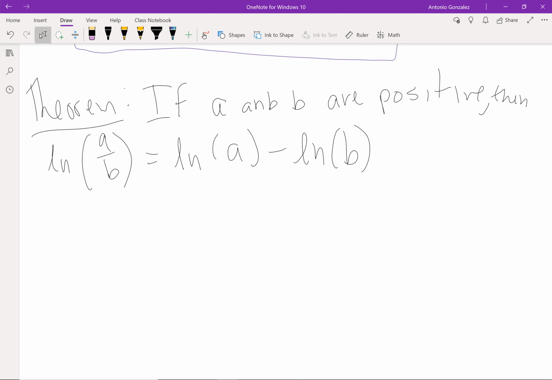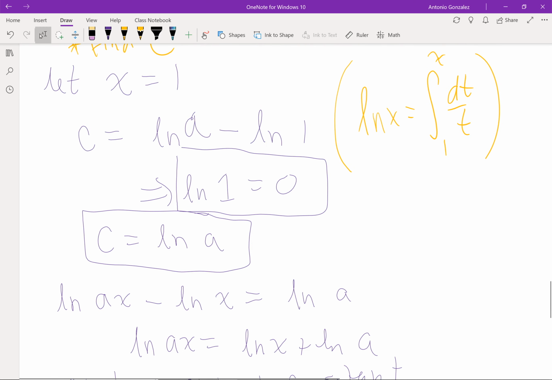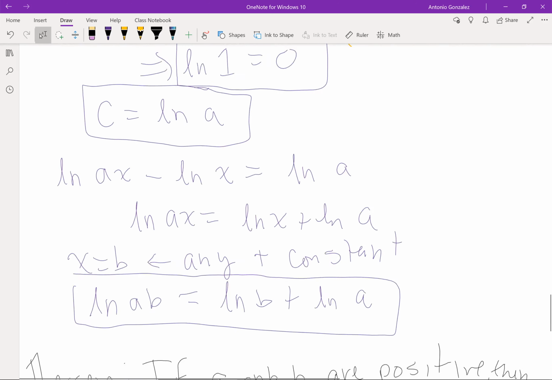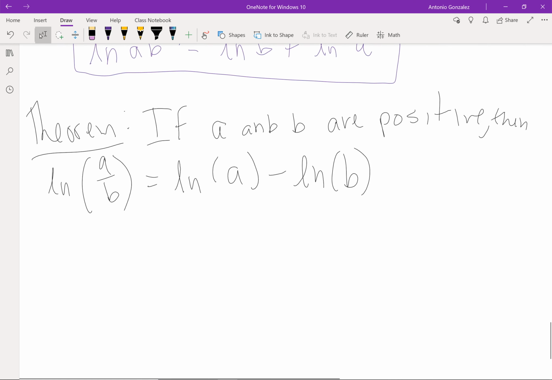Okay, let's do this proof as well. In this case, I'm going to use the fact that I've already proven above. I've proven this, so I don't need to reprove it every time I use it. It's a theorem, I proved it, so now I can use it as a fact.